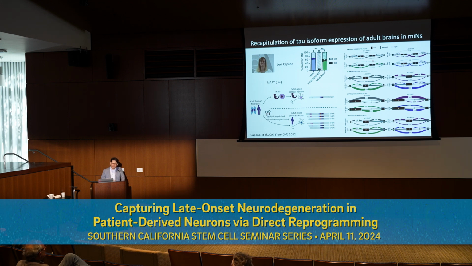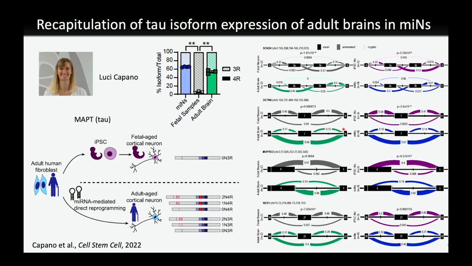Besides tau, if we look at other genes, it is a bit complex, but one message I'd like to carry out here is about age-associated alternative splicing for other genes. You're looking at the pattern that you see from fetal brain versus adult brain, and here we are looking at the pattern from embryonic stem cell differentiated neurons versus directly reprogrammed neurons.